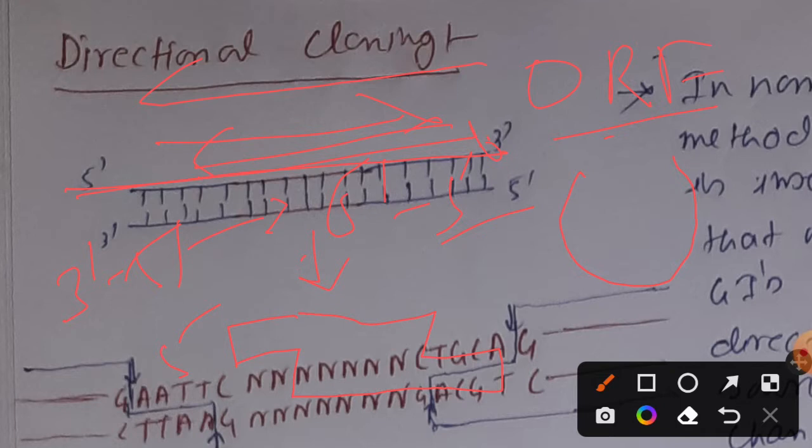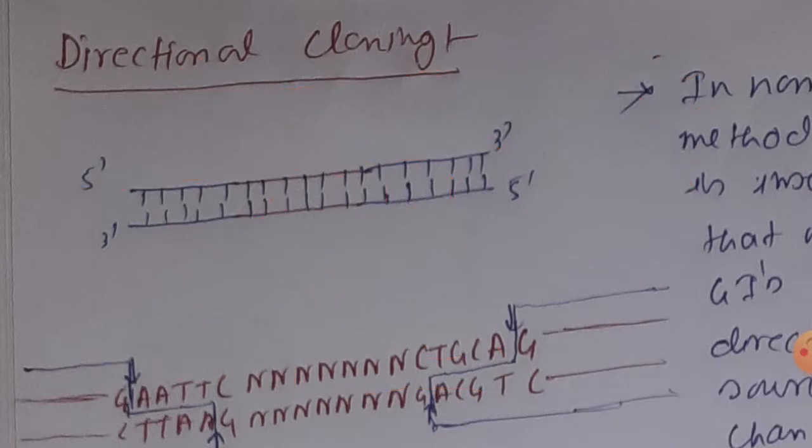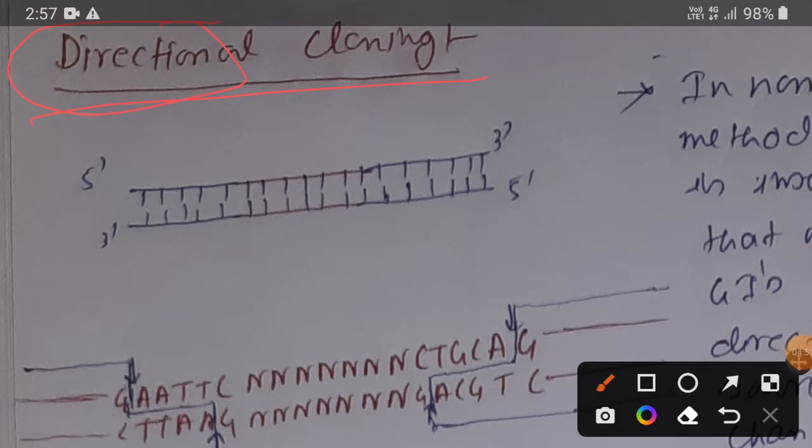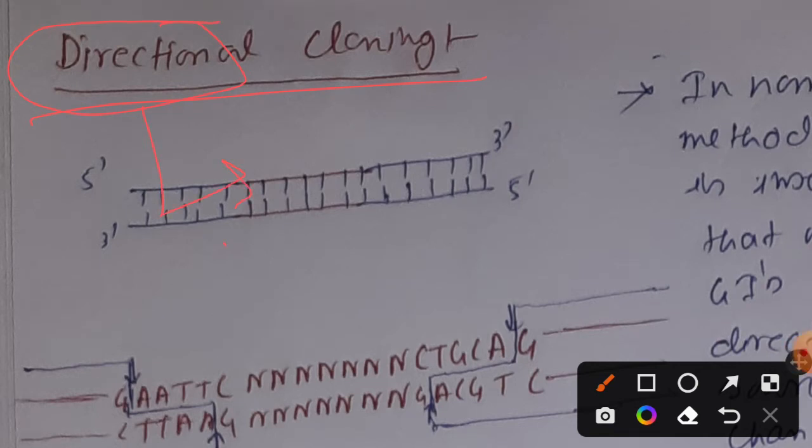Now, how do we get rid of this problem? The solution is directional cloning. As its name suggests, our goal here is to keep the direction of the ORF intact.